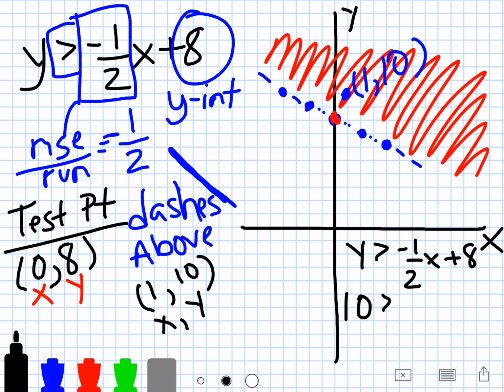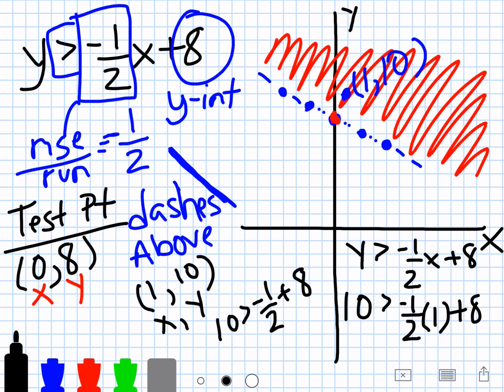So 10 is greater than negative 1 divided by 2 times 1. Wherever I see an x, I'm going to substitute my test point 1, plus 8. And now I'm just going to solve that out. So I have 10 is greater than negative 1 divided by 2 times 1, which gives negative 1 over 2, plus 8.